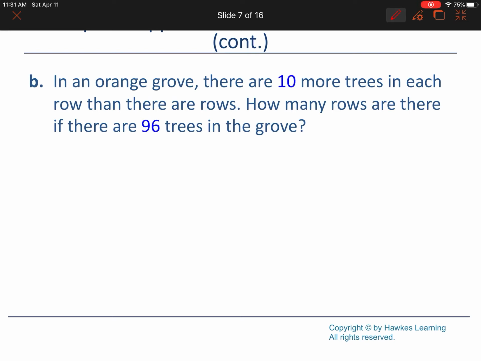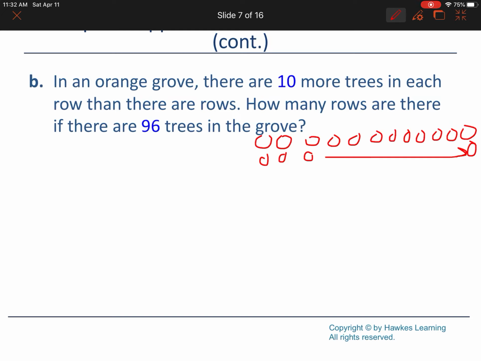2 rows with 12 trees, right? So if you're thinking about it, you'd have 2 of these rows, right? With 12 each. Then I would have 24 trees. So I could just keep trying until I got a 96. But let's just use some variables.